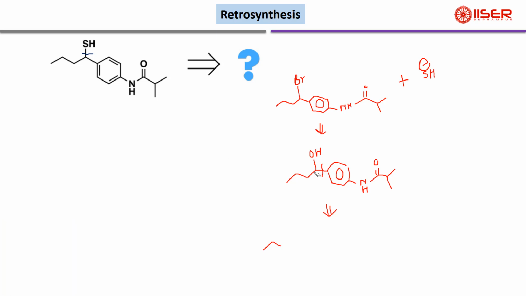First, if we can, we do a functional group interconversion again, and make this a ketone. Then just break this bond.